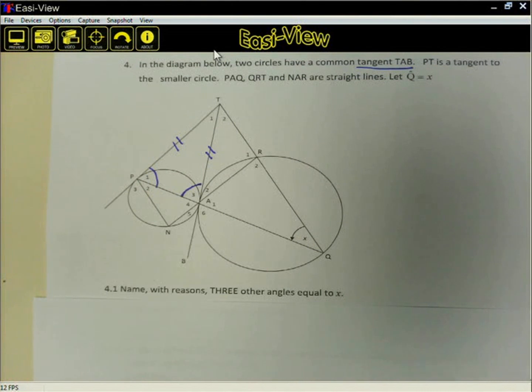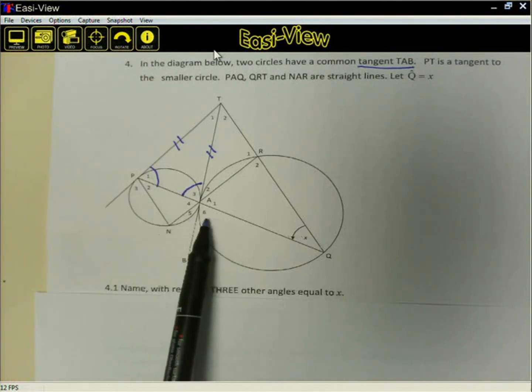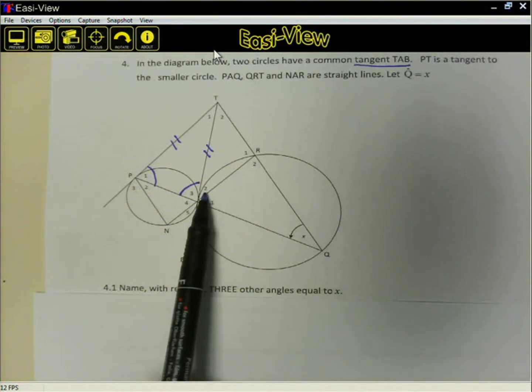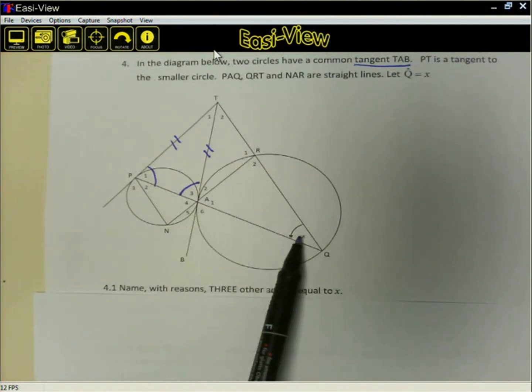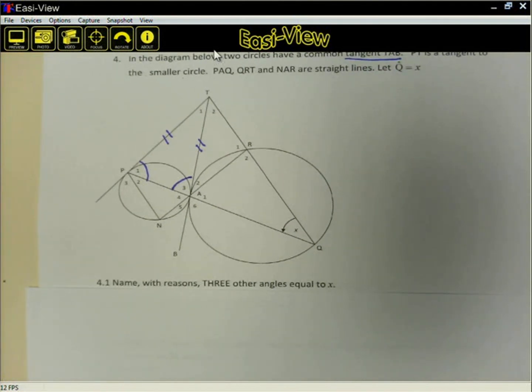And remember, if we've got a chord, then we can apply the tan chord theorem. Tan chord can be applied in different ways. P1 can be equal to N. A6 will be equal to R2. A2 will be equal to X, and so forth. We haven't even started solving the problems, but I'm just trying to indicate how to apply the tan chord theorem. We are just analyzing the information.